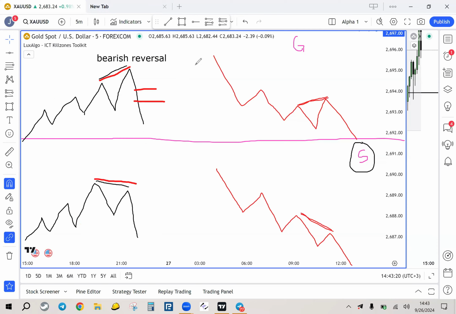The thing is that gold is already bearish. You can see that the trend is bearish, that price has been moving bearish for quite some time. Therefore, this trade to be taken on gold would not really make sense.